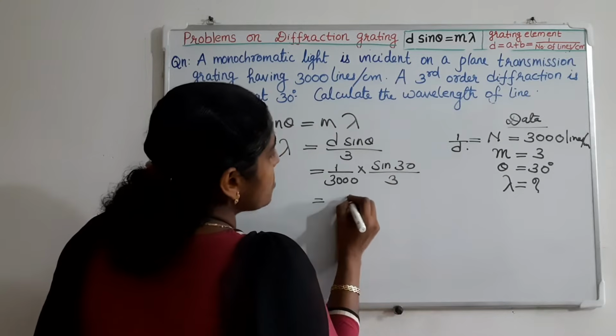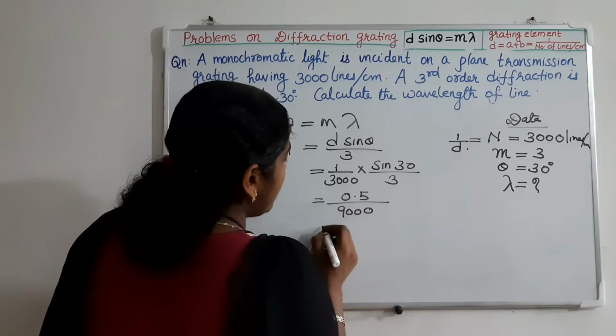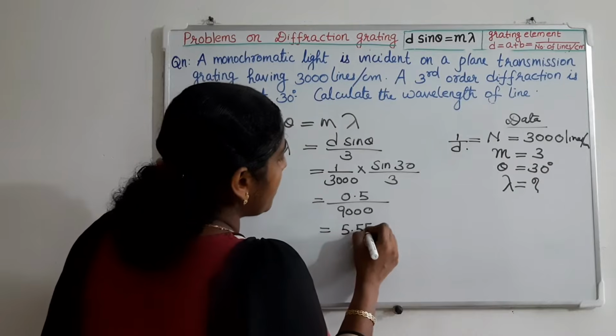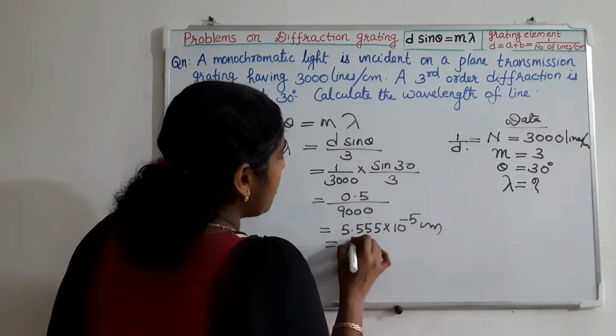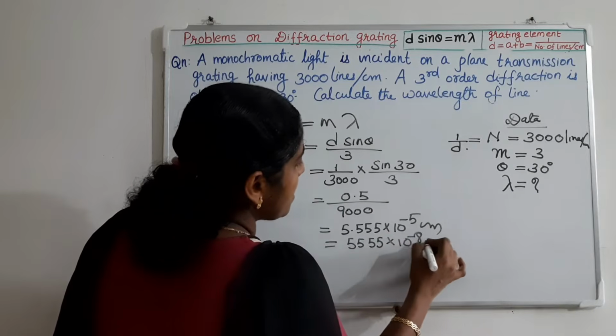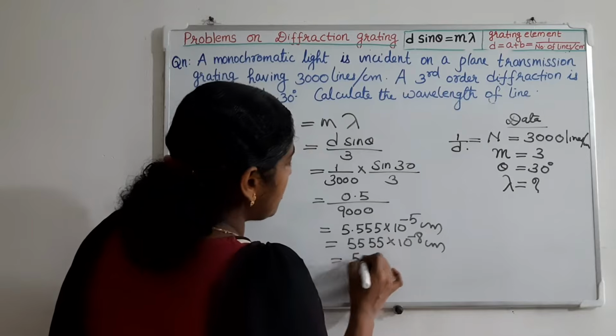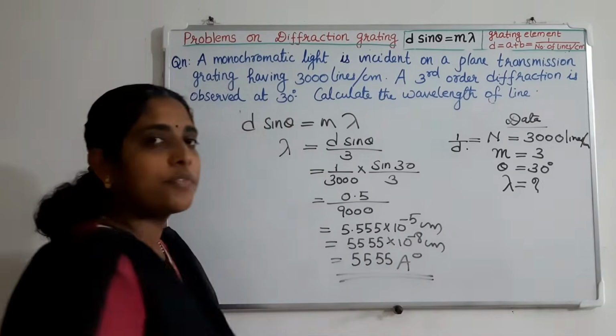Sin 30 is 0.5, divided by 9000. So that is 5.555 into 10 raised to minus 5 centimeter, or 5555 Angstrom is the wavelength of the light.